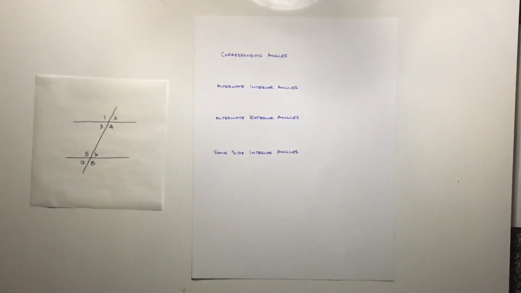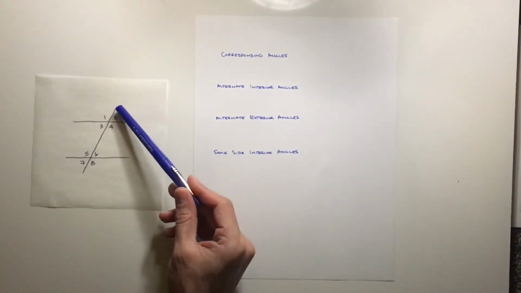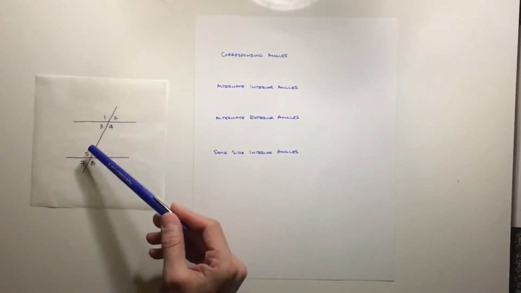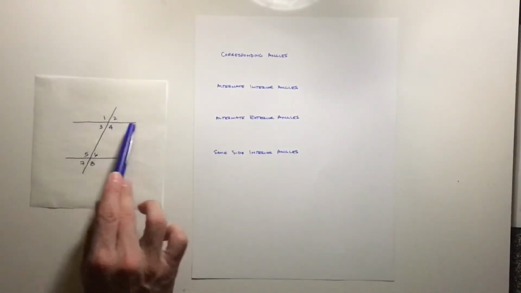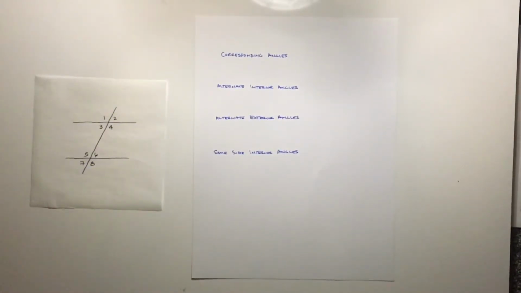Hello. Today we are going to discuss classifying angle pairs when a transversal cuts lines. A transversal is a line that cuts two other lines. In my diagram, this diagonal line is my transversal. It cuts two different lines.